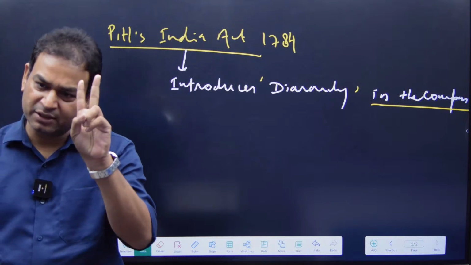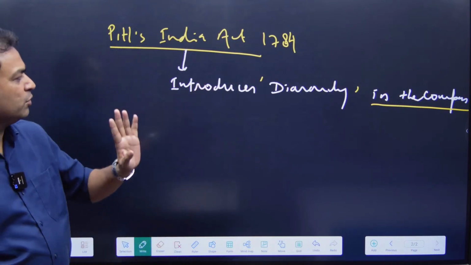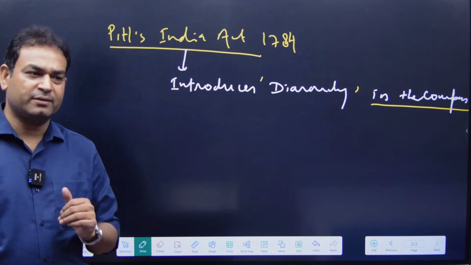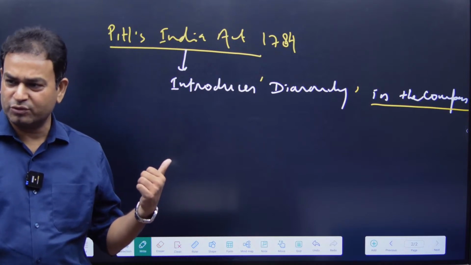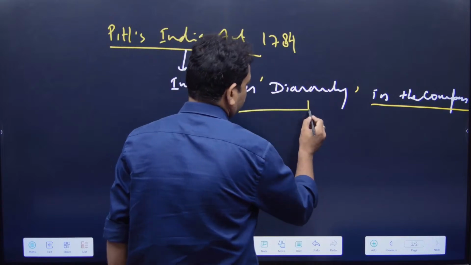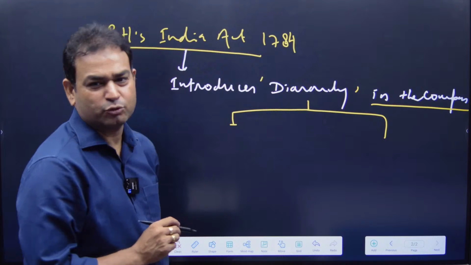Two government, yani dual system. In 1784, diarchy was introduced in the company. Means again, dual system was introduced. What was dual system? Two governing institutions were formed.